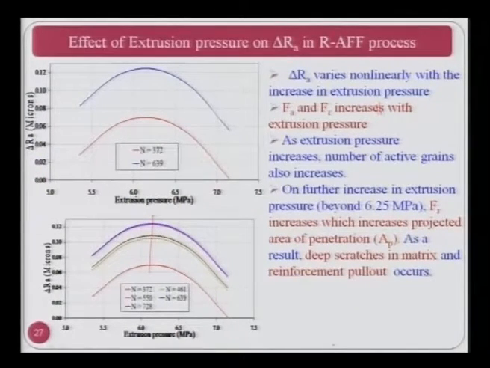On further increase in extrusion pressure, beyond 6.25 megapascal, FR increases, which increases the projected area of penetration AP. As a result, deep scratches in the matrix and reinforcement pullout occur, and as I have already mentioned, if deep scratches or pullout are there, then delta RA is going to decrease.